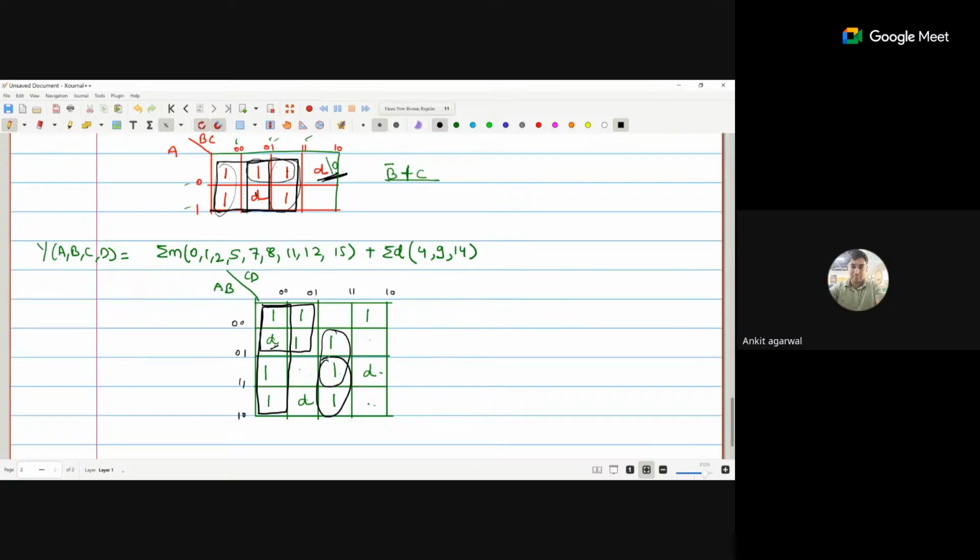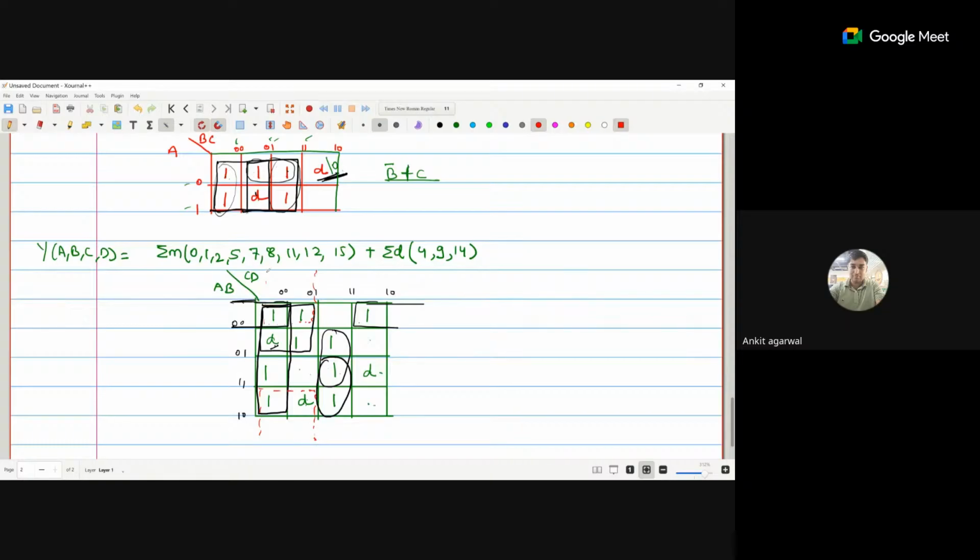So this will create a group. If we consider this group, there is a possibility that the two upper ones and the two lower ones will create a group. But we can see all three ones in this group are already considered. So we are not taking this group.